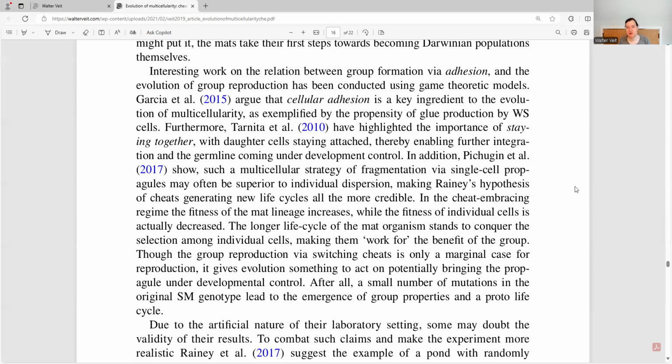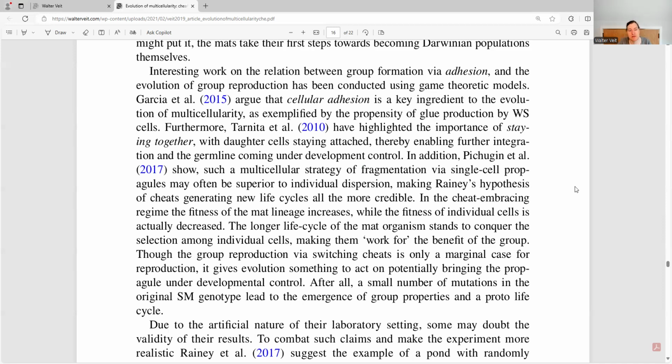Furthermore, Tarnita et al. 2010 have highlighted the importance of staying together, with daughter cells staying attached, thereby enabling further integration and the germline coming under developmental control. In addition, Pichugin et al. 2017 show such a multicellular strategy of fragmentation via single-cell propagules may often be superior to individual dispersion, making Rainey's hypothesis of cheats generating new life cycles all the more credible.